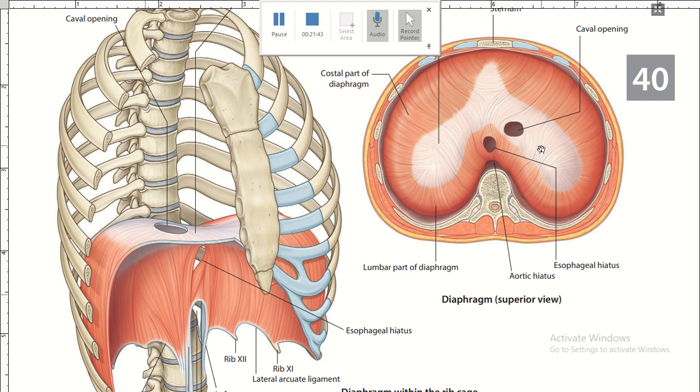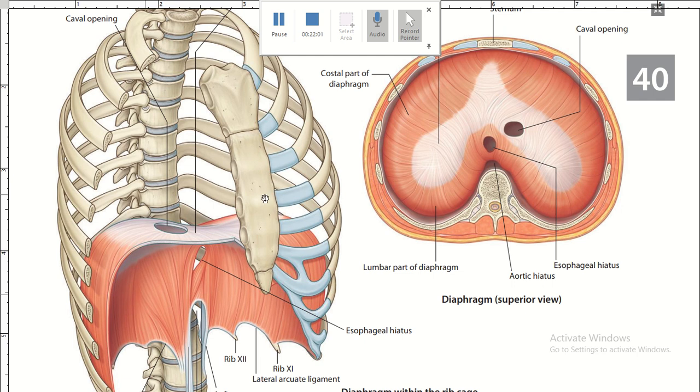If one of those canals fails to close, there's going to be an opening in your diaphragm, whereby things that are within the abdomen can get into the thorax. That's what we call congenital diaphragmatic hernia.